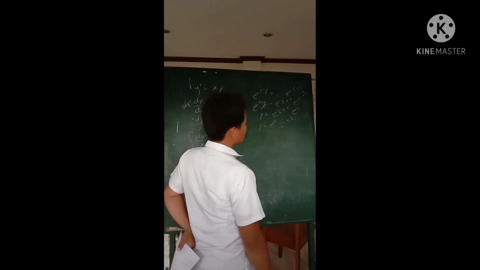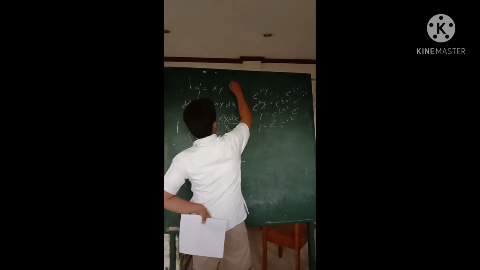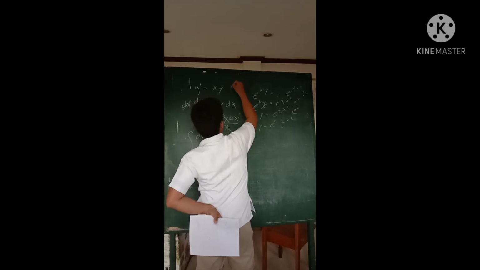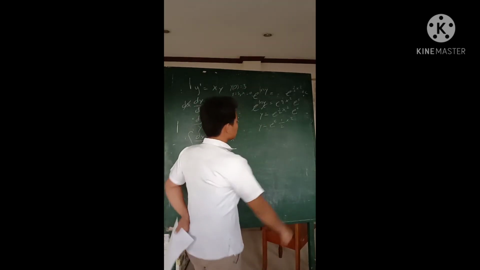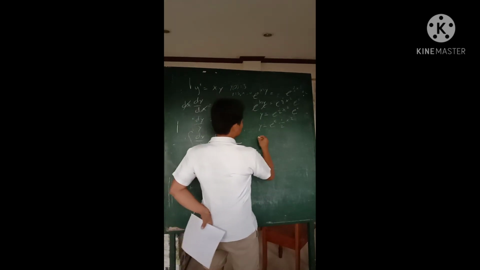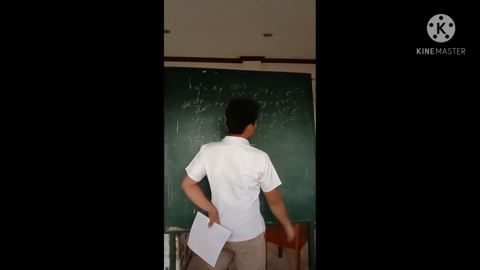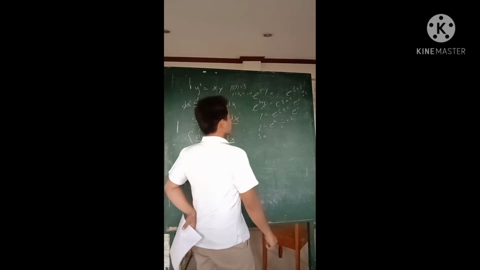So we have been given y of 0 equals 5. So y equals 5 and x equals 0. We need to get the value of the constant c.